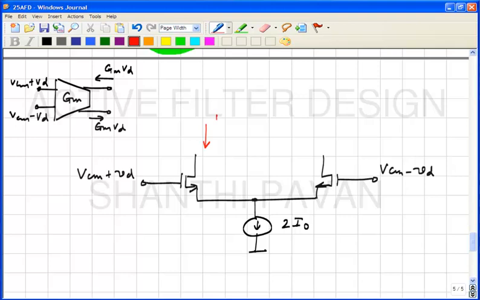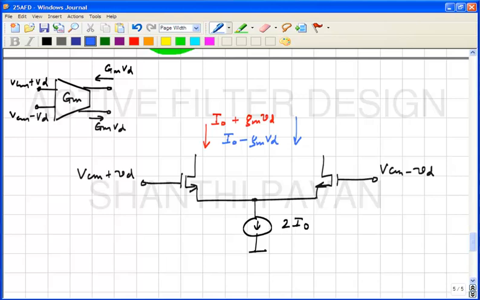We are getting I naught plus GM times VD and I naught minus GM times VD. Correct? So what do we want and what do we not want?